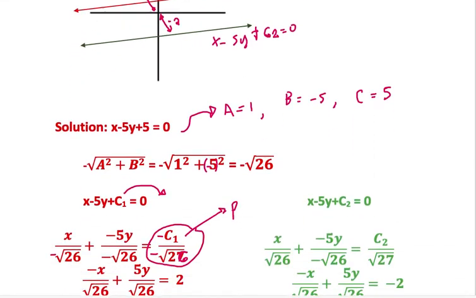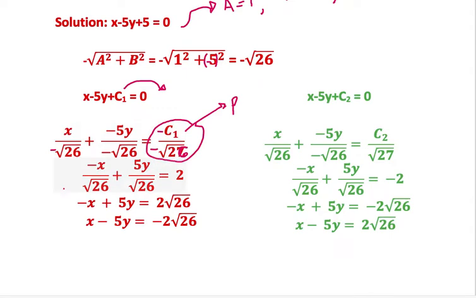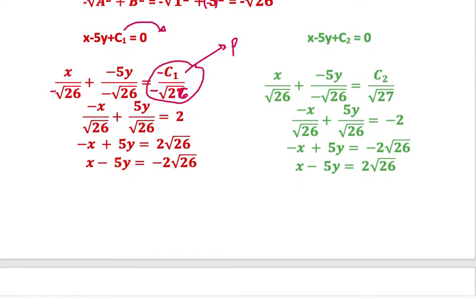So, I am going to replace negative c sub 1 over negative square root of 26 by 2. Then, I am going to simplify the equation. So, I am going to multiply both sides by square root of 26.